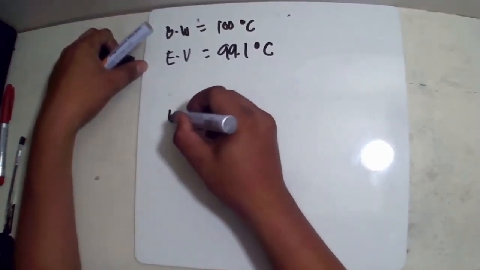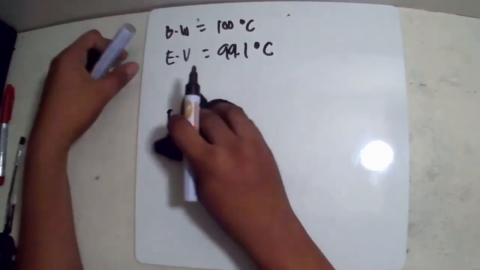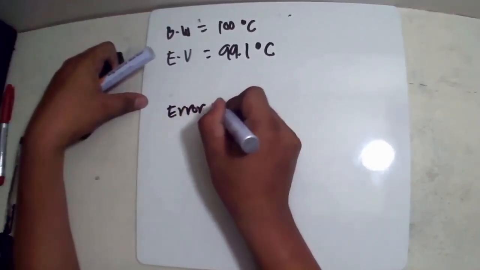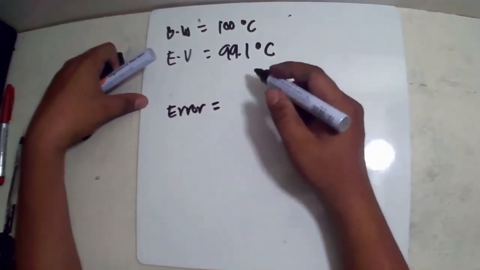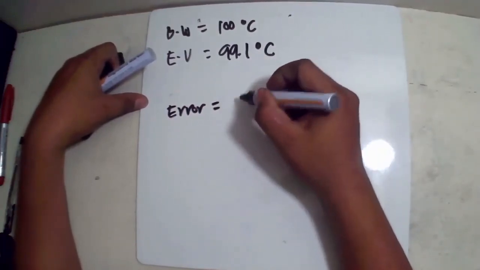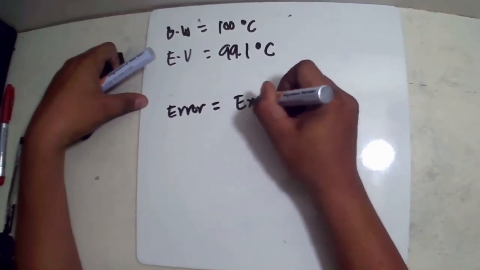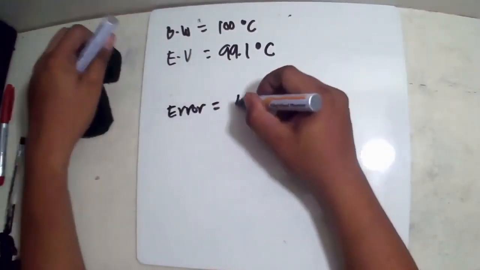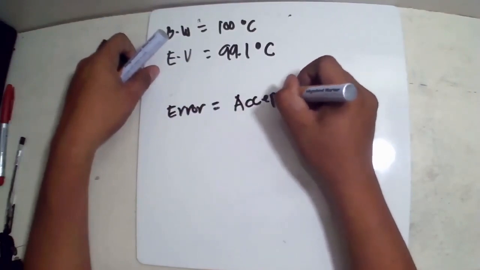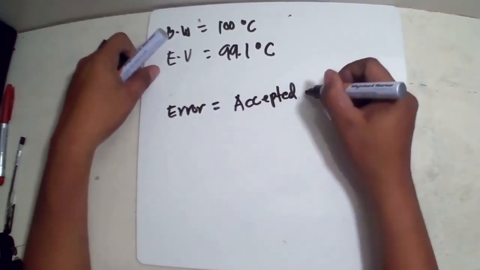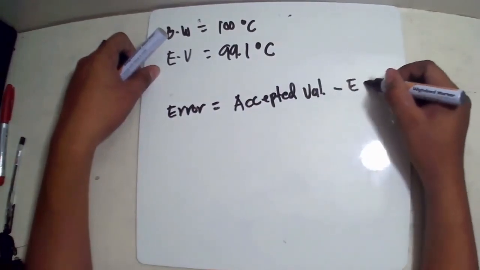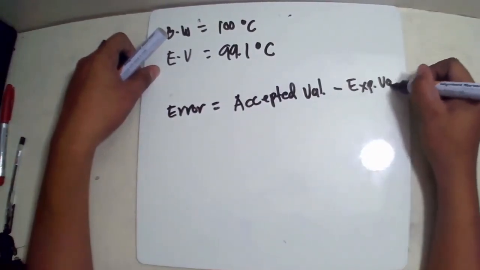We can express it mathematically: error is equal to accepted value minus experimental value.